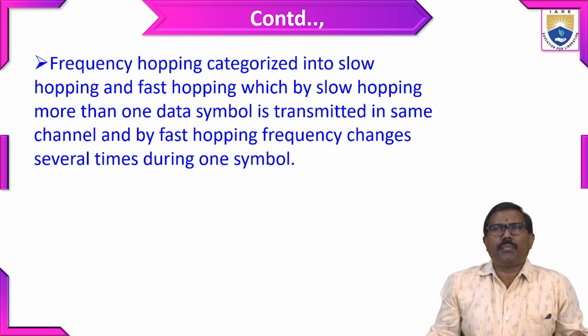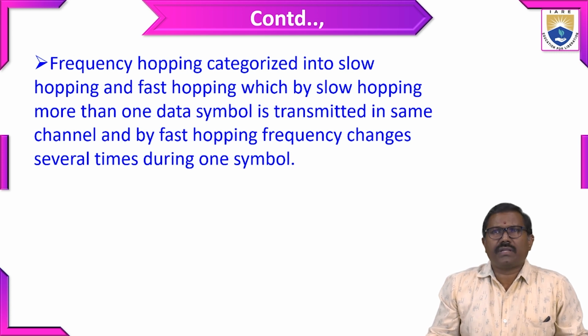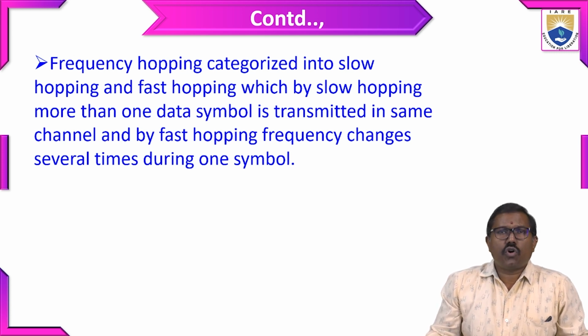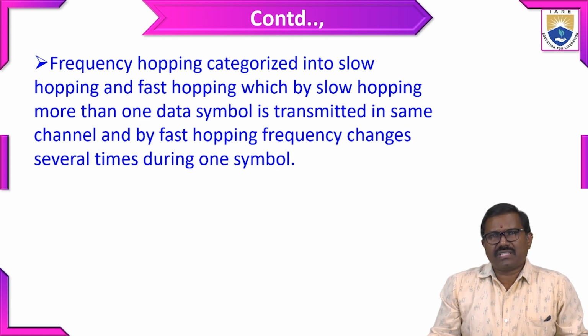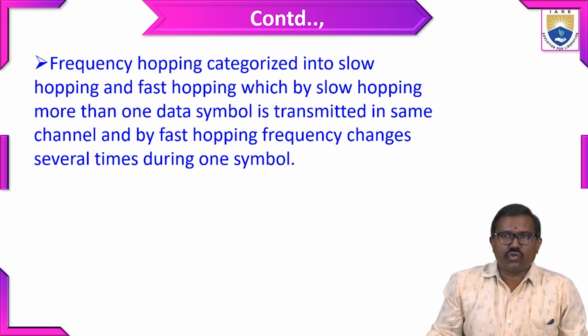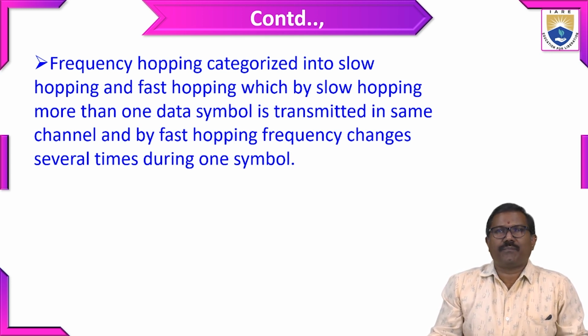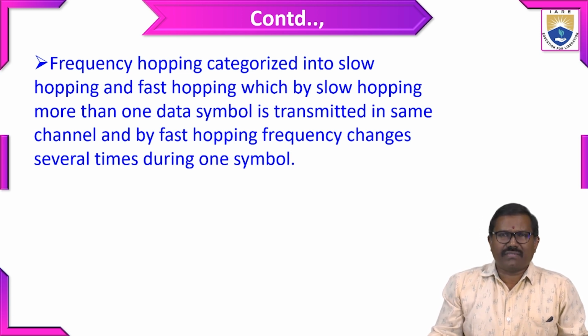Now the frequency hopping is categorized into slow hopping and fast hopping. In slow hopping, more than one data symbol is transmitted in the same channel, and in fast hopping, the frequency changes several times during one symbol. Hopping is nothing but jumping. So the carrier jumps from one frequency to another frequency.